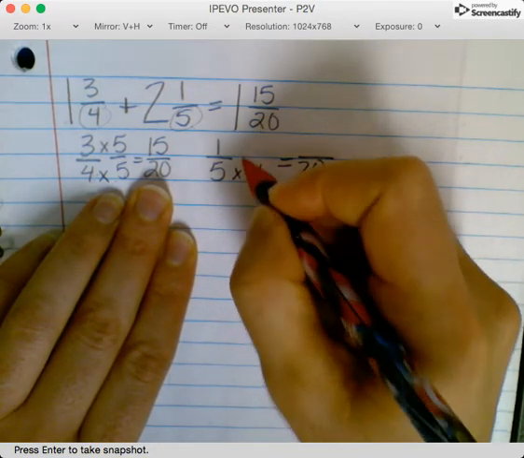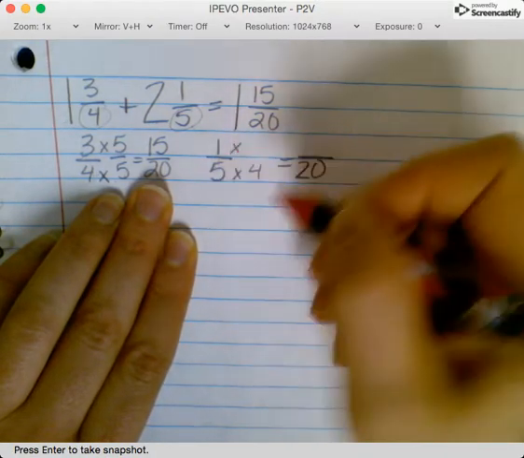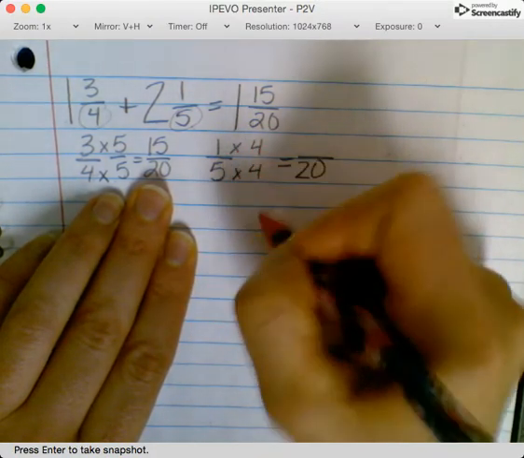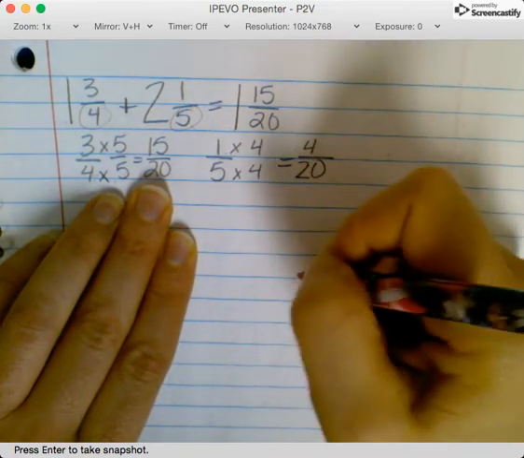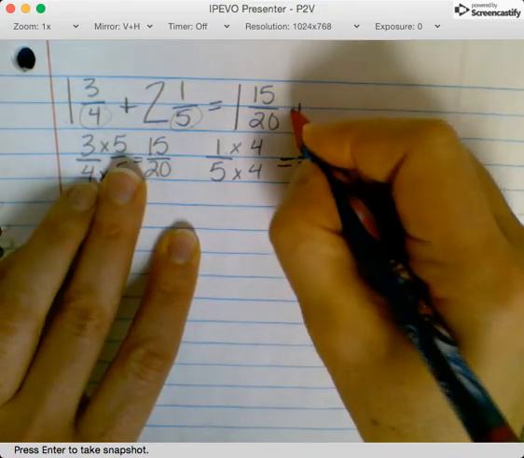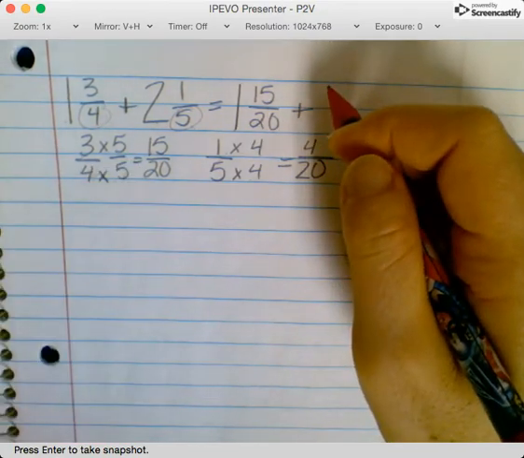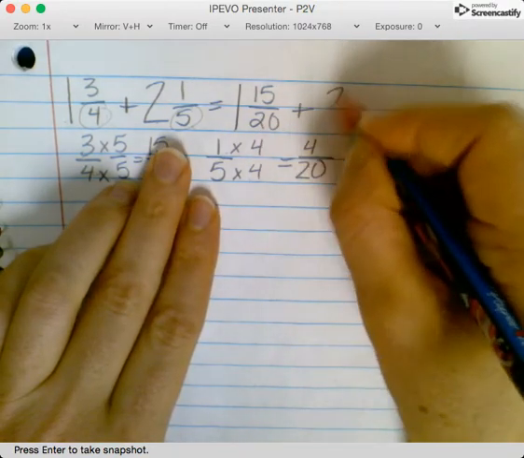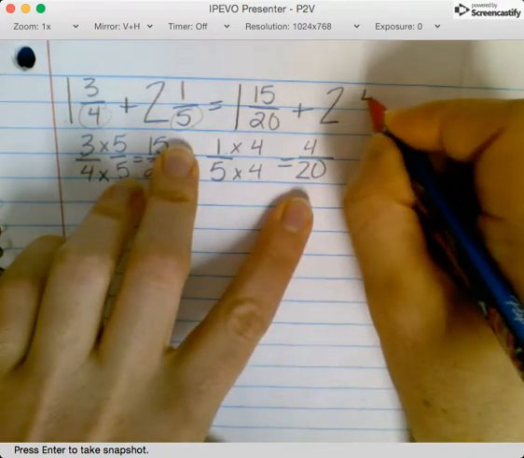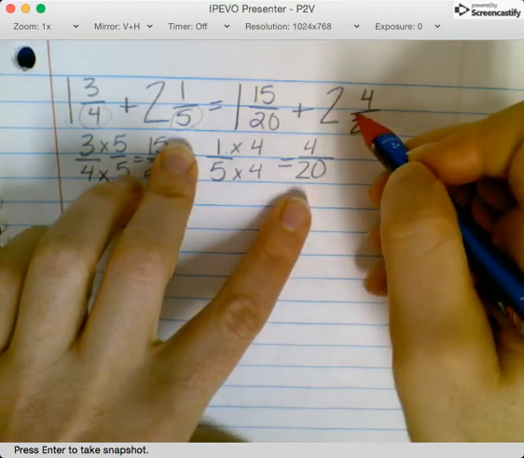And remember, if I take the bottom number, the denominator, times 4, I also need to take the top number times 4. The top part times 4 is 4. Then I just put in my fraction for a substitution. So instead of 2 1/5, it will be 2 4/20, because we're using equivalent fractions here.